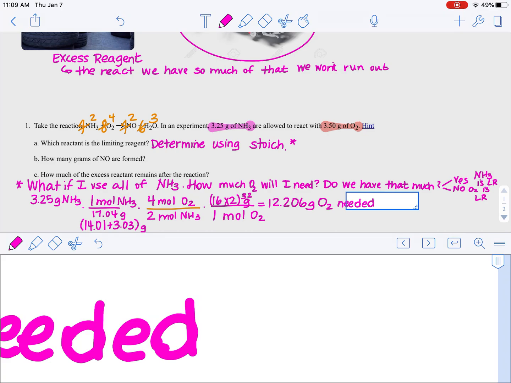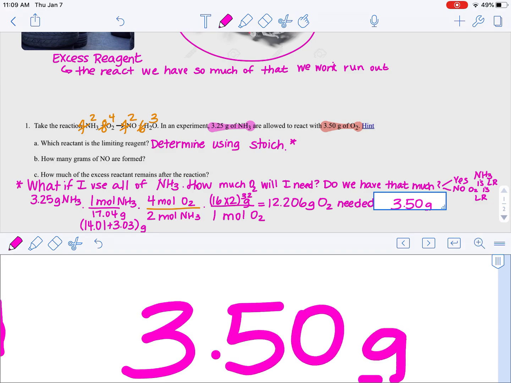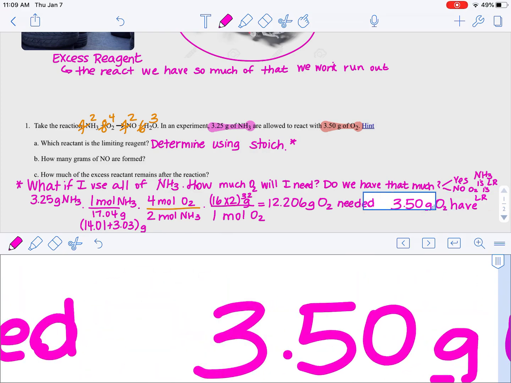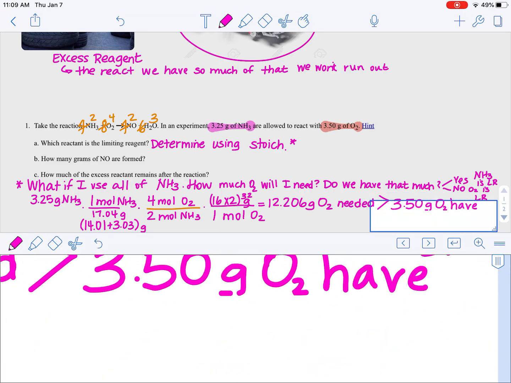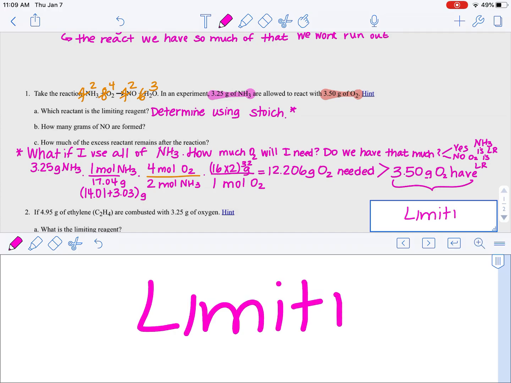The question is, do I have it? Well, the amount I have is 3.50 grams of oxygen. What I need is more than what I have. Therefore, oxygen is my limiting reagent.